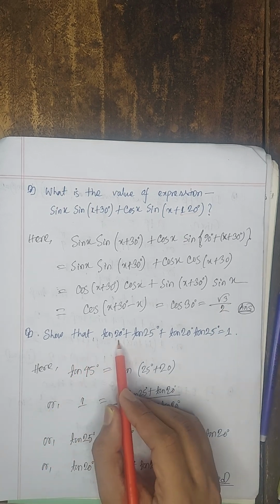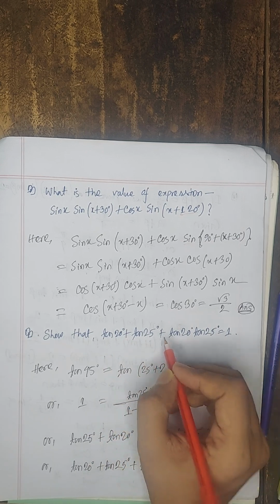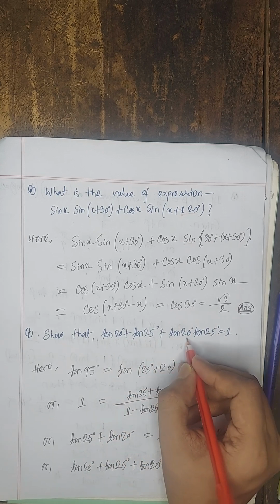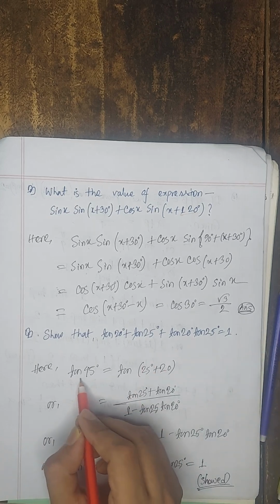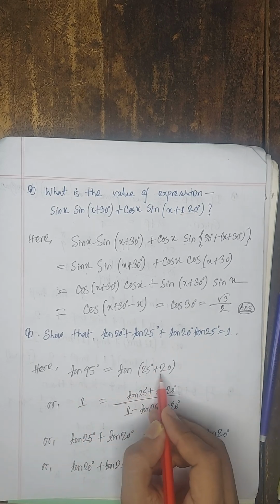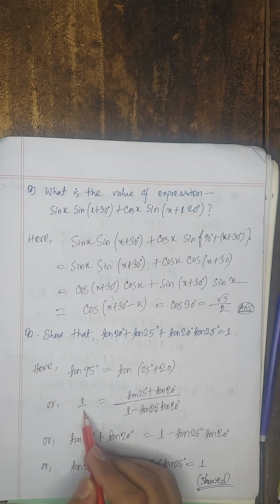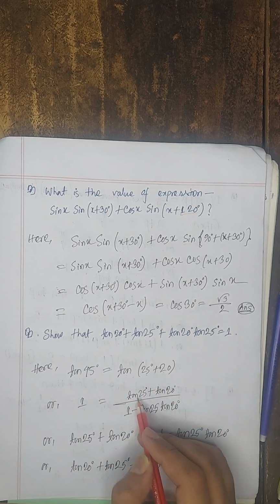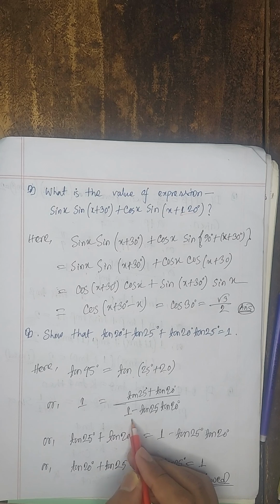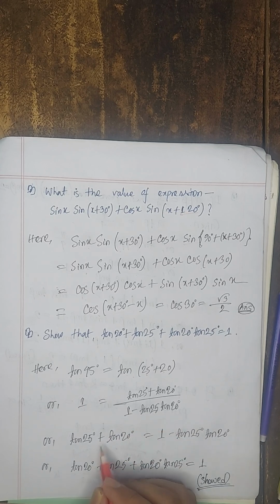Now we have to show that tan 20 plus tan 25 plus tan 20 times tan 25 is equal to 1. We can write tan 45 as tan(25 plus 20). Tan 45 becomes 1, and here we have to apply tan(a plus b), tan a plus tan b divided by 1 minus tan a tan b.